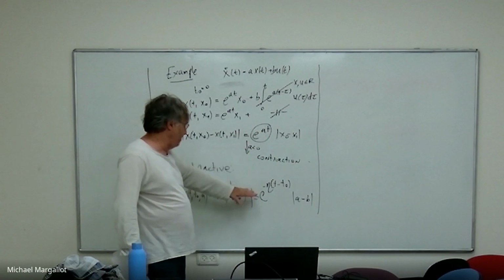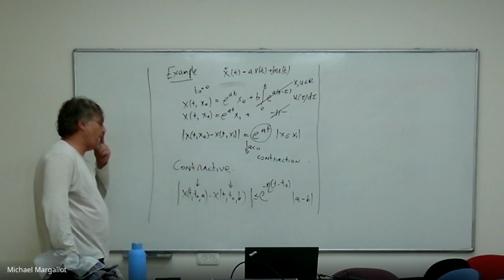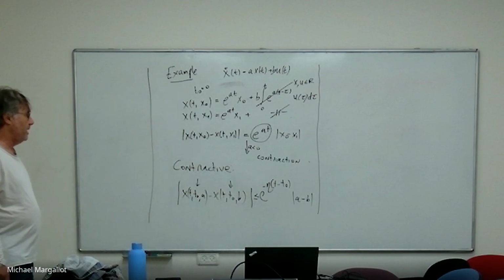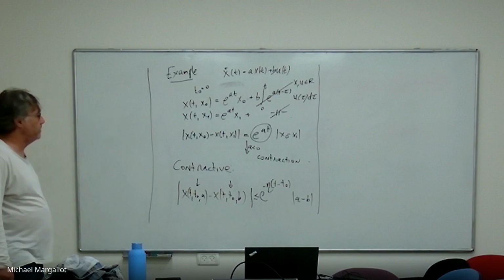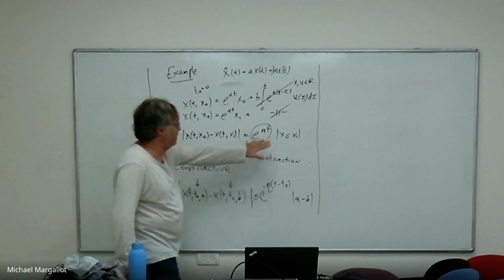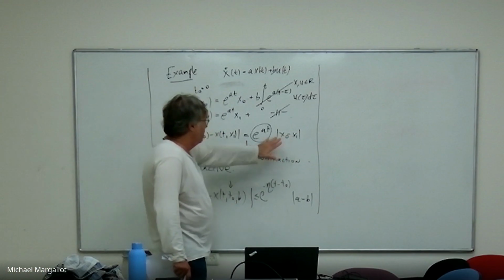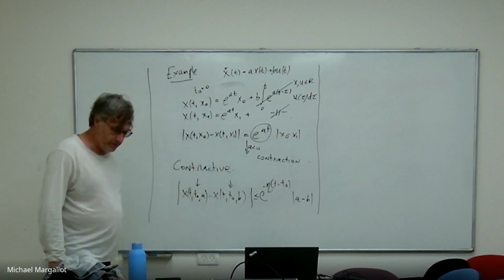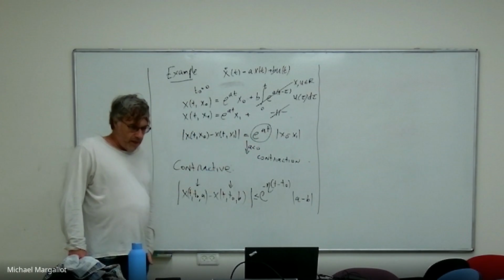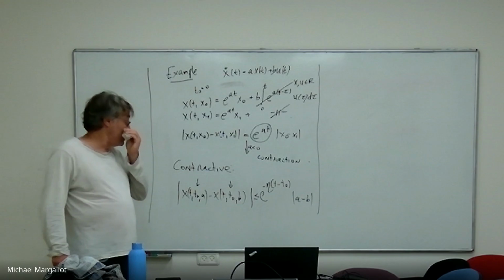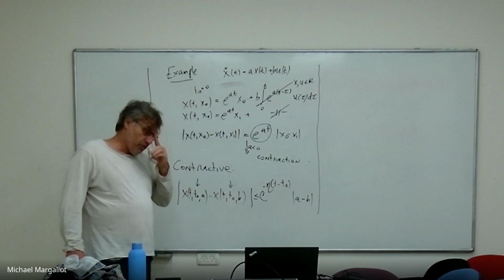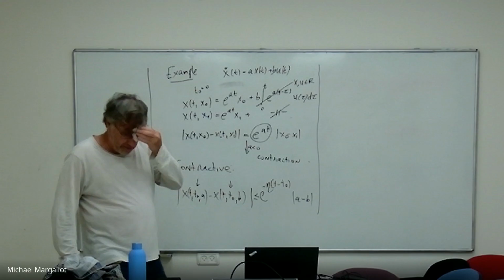And when A is negative, we exactly have this structure of the distance between solutions decays exponentially to 0 with respect to the difference between the initial conditions. So contractive nonlinear systems are a generalization of stable linear systems. But of course, proving contraction in such systems is more complicated.